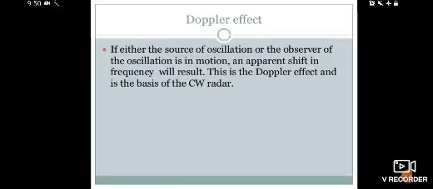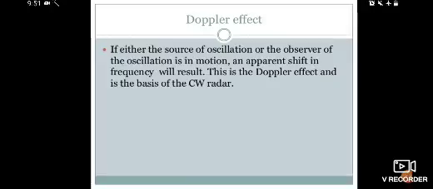The next topic is the Doppler effect. What does the Doppler effect mean? If the source of oscillation or the observer of the oscillation is in motion, an apparent shift in frequency will result. Signals are passed from the source towards the target, and the signals observed from the target are called echo signals, which also have some frequency.